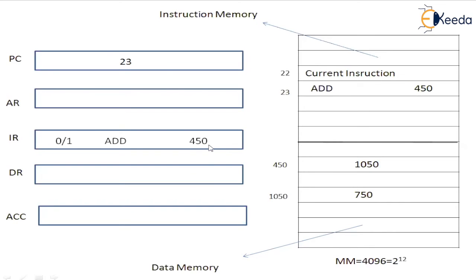Since it is an address part, this address part should be transferred back to the address register again, because the address register can only locate addresses within the main memory.